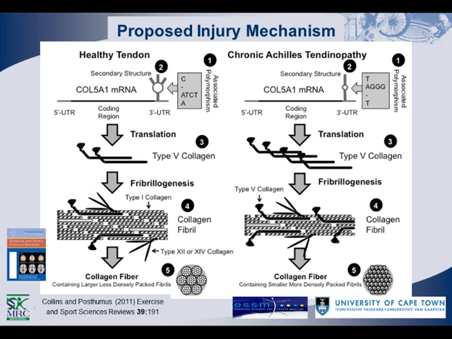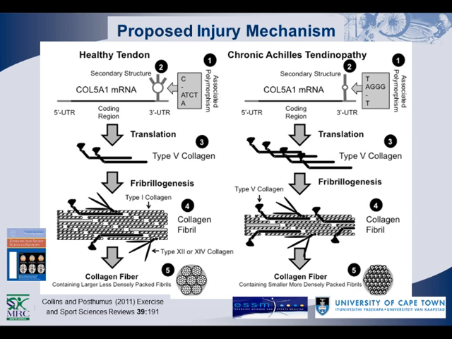So the proposed mechanism is that, for example, this is your control genotype profile, DNA profile at the COL5A1 3' UTR region, and this is your risk profile, which was found in the tendinopathy patients. We found that if you have this risk profile, you have a more stable messenger RNA, and we hypothesize that this leads to more type 5 collagen produced.